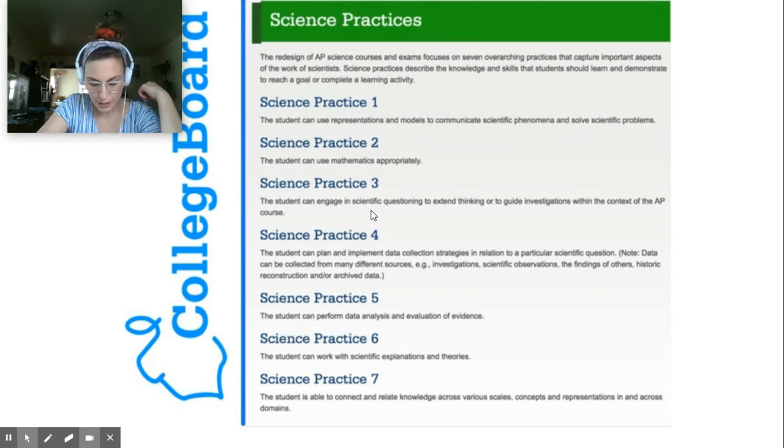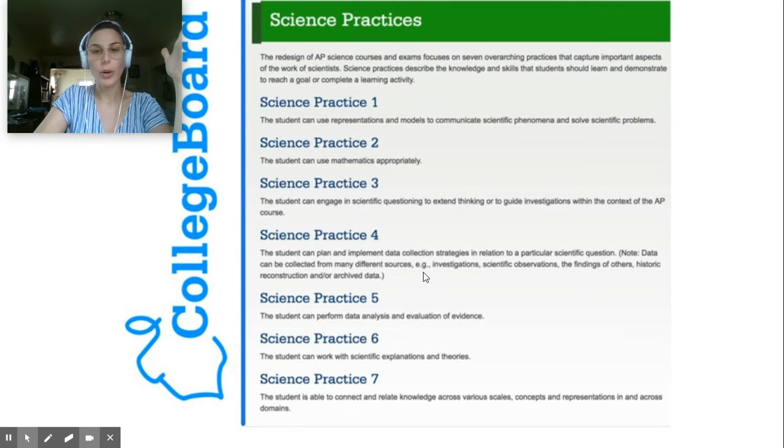On to science practice 4. This is all about collecting data. Okay, so I know that we are remote, but even though we are remote at this point, we're still going to be designing the experiment, like we see here in step 3, based on an investigative question, right?